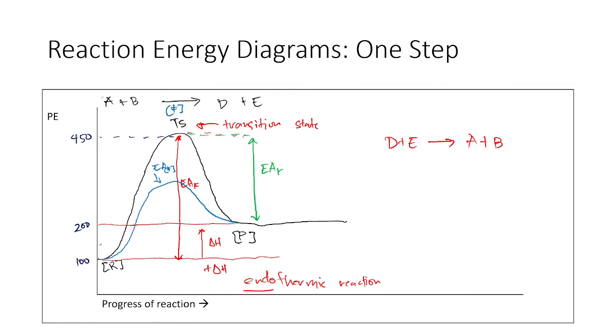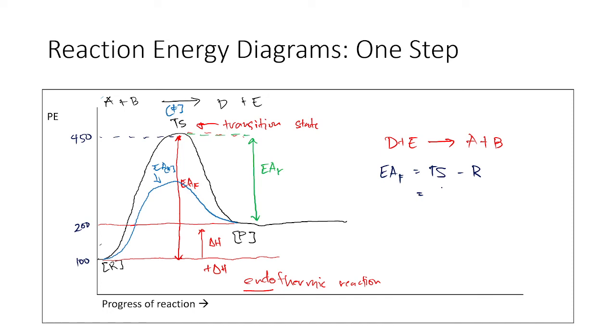So, halimbawa, yun yung binigay sa atin. And tinanong tayo, what will be our energy of activation for the forward reaction. So in this, ang gagawin lang natin actually is you just need to look at the TS. That is TS minus the potential energy of our reactant, which is 100.